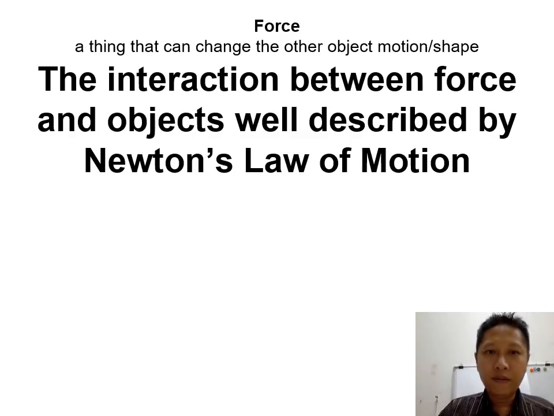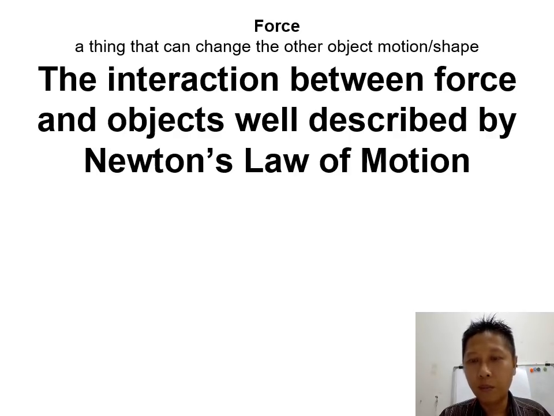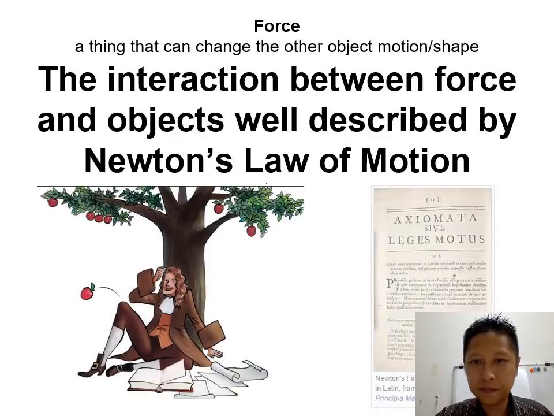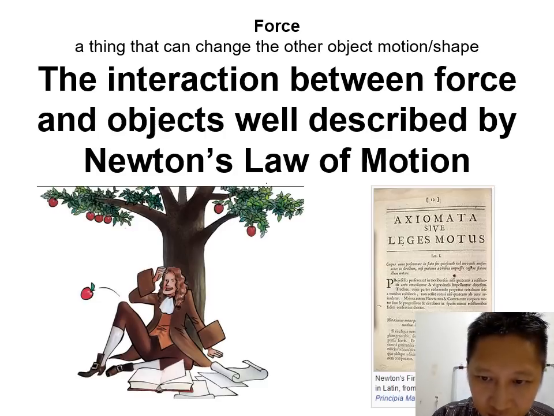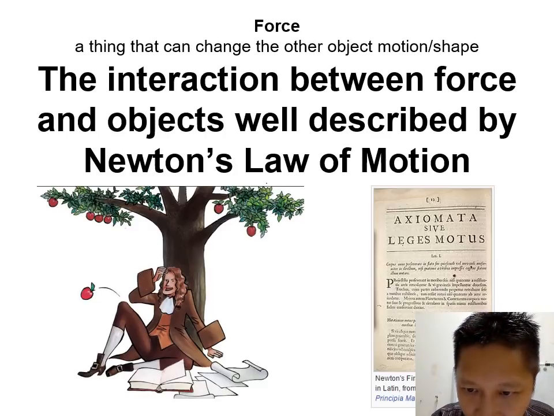The interaction between force and object is well described by Newton's laws of motion, by Sir Isaac Newton many years ago inside his book. The book was written in 1687.